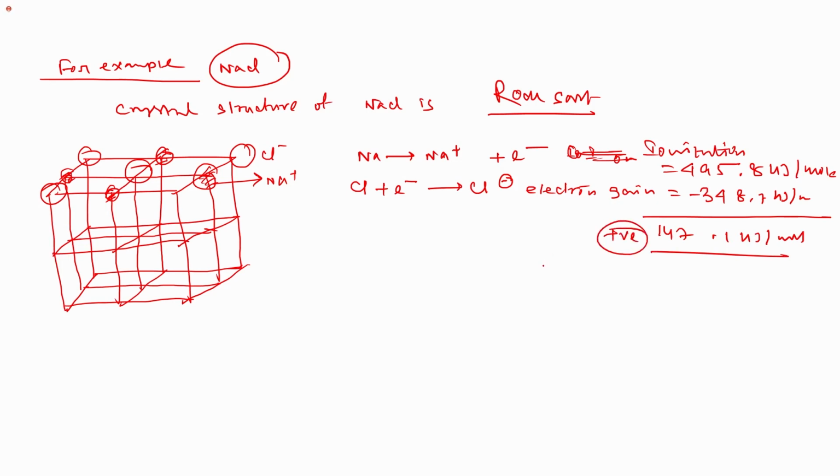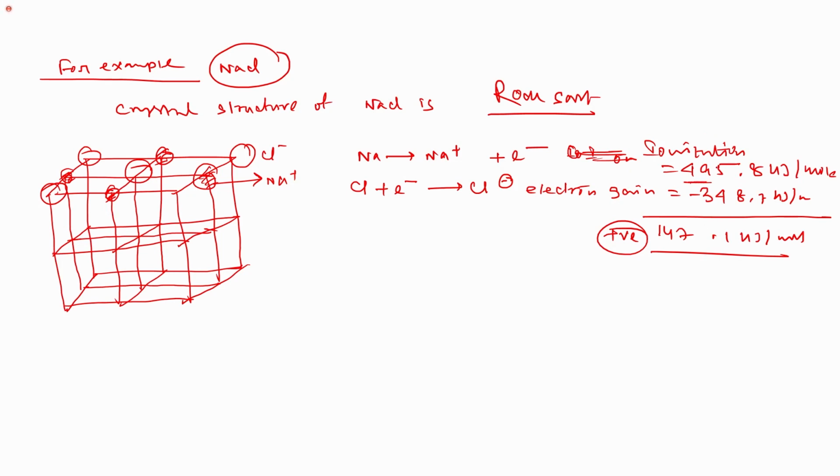After that also it is stabilized, because in the ionic salt the electron gain enthalpy is negative, but the ionization enthalpy is positive, and this positive value is very high.